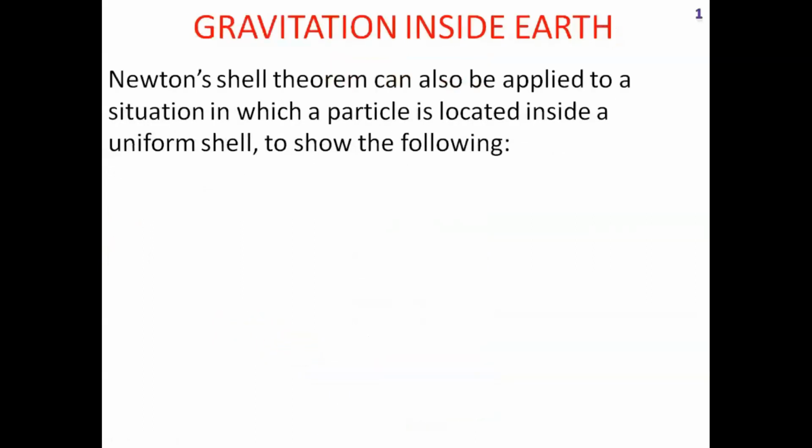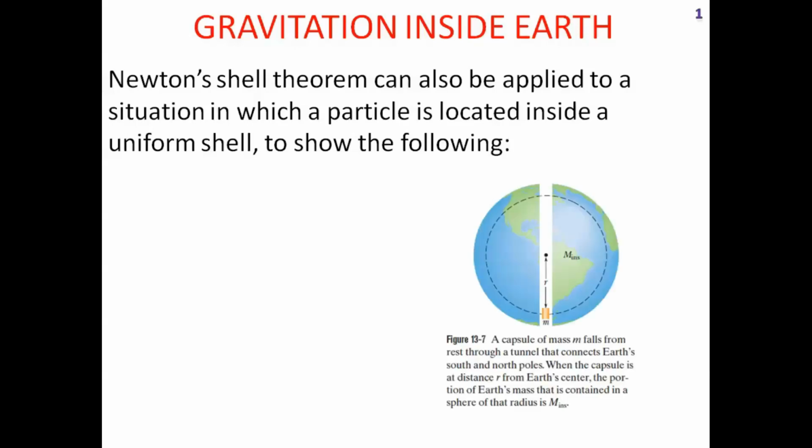Newton's shell theorem can also be applied to a situation in which a particle is located inside a uniform shell. To show this, we have a capsule of mass small m, and it can enter into the Earth's crust from the North Pole and get down up to the South Pole from inside, passing through the center. And here we are going to calculate the gravity, presuming that the mass distribution inside is uniform.